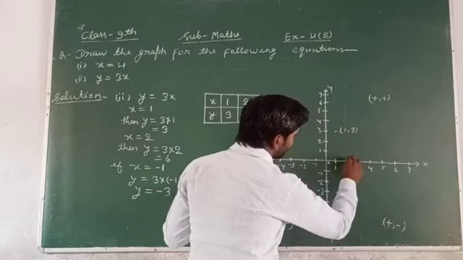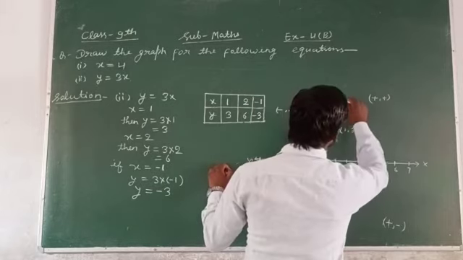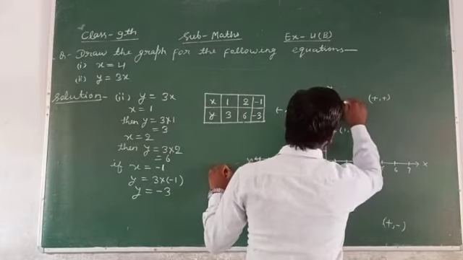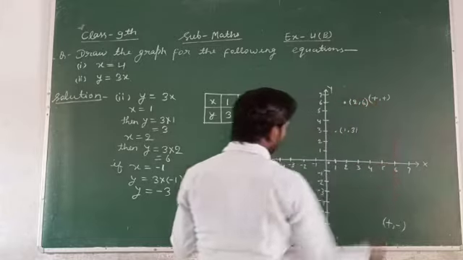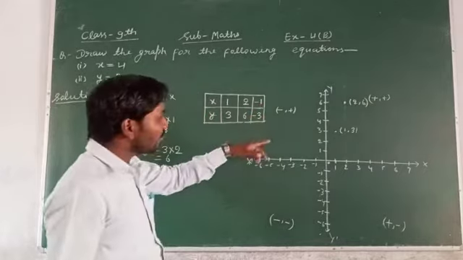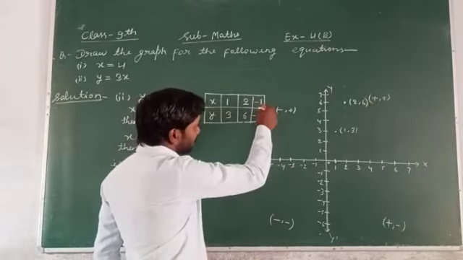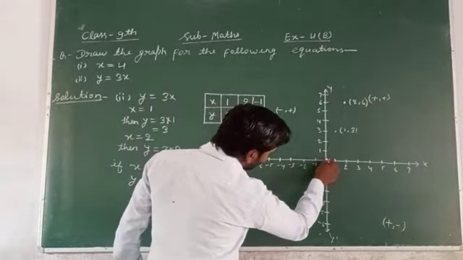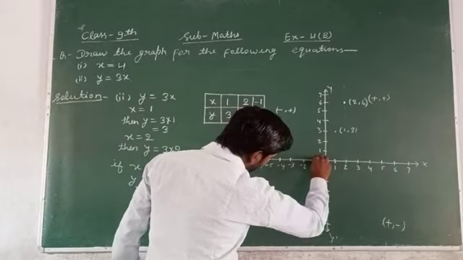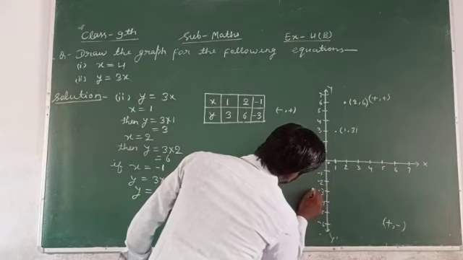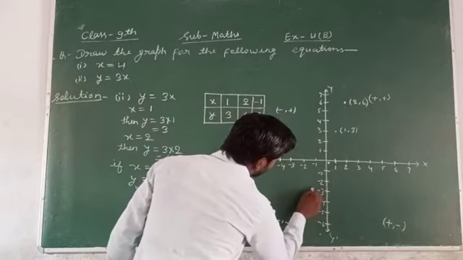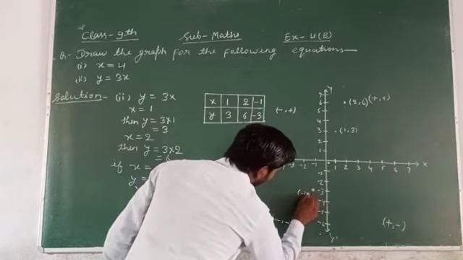So this will be the point 2 and 6. And if x is equal to minus 1, in that case y is equal to minus 3. So it is here minus 1. In this case y is equal to minus 3. So this will be the point minus 1 and minus 3.